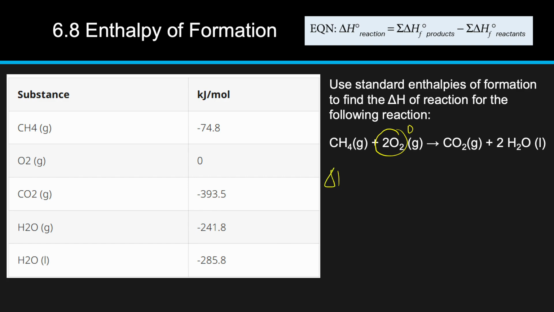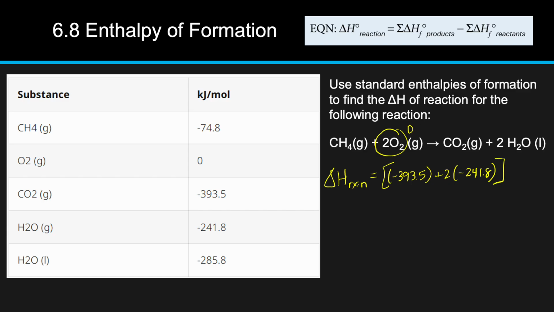When we are solving for this delta H of reaction with our enthalpies of formation, remember it's products minus reactants. So we have 1 carbon dioxide, so that is negative 393.5 plus our 2 waters. It's going to be 2 times our water, which is negative 241.8.